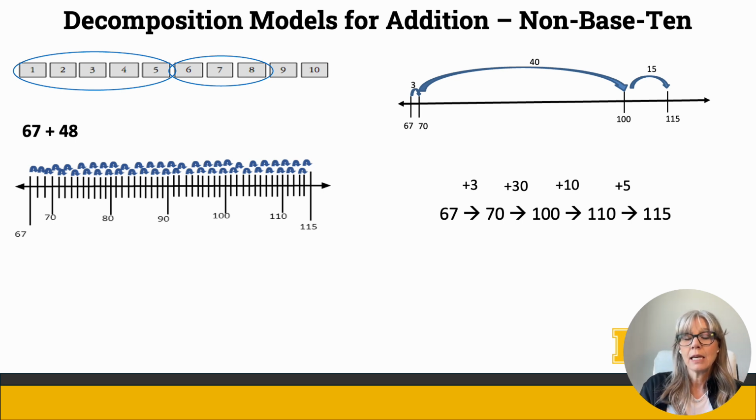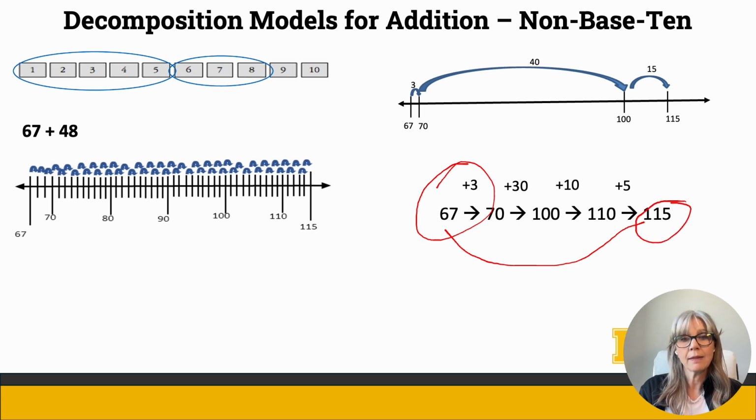What it's saying is that after all of this, 67 plus 3 would be equal to 115. That's not accurate. So to not abuse the equal sign, we use arrows. Really all it's doing is showing the jumps on a number line and removing the number line.